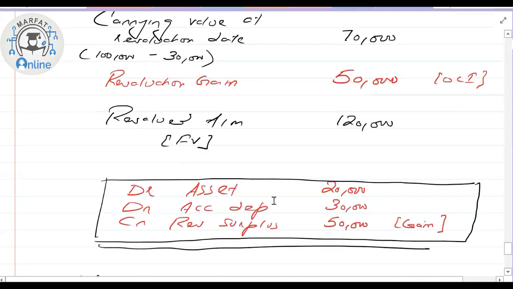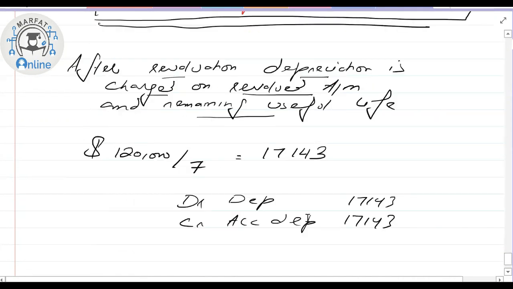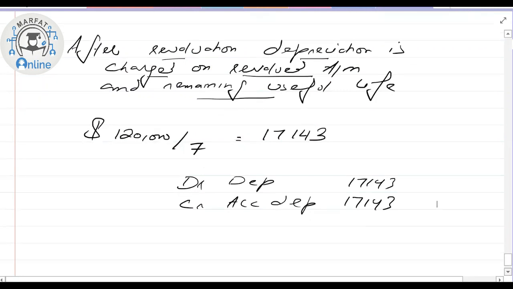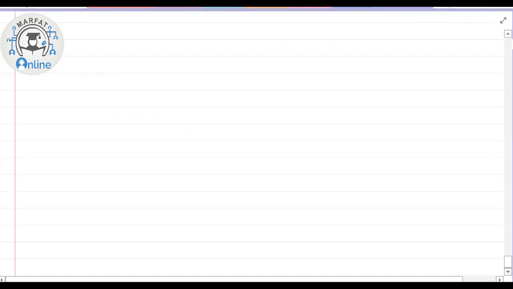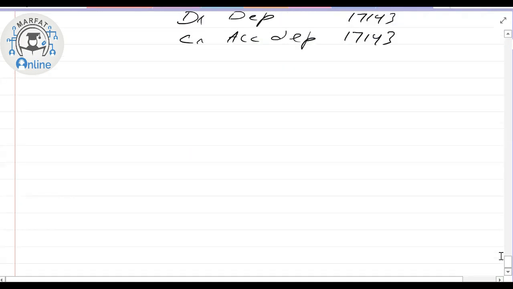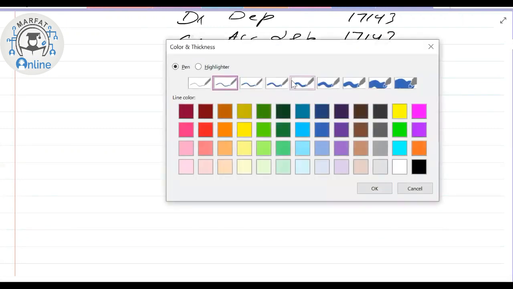That is why the depreciation was 30,000. So now the remaining life is 7 years. After revaluation, depreciation is charged on the revalued amount, which is 1,20,000 here, and remaining useful life, which is 7 years in this question.